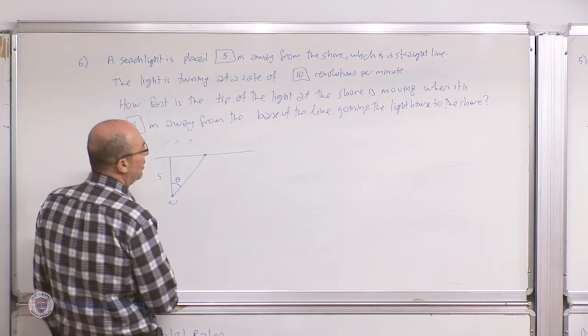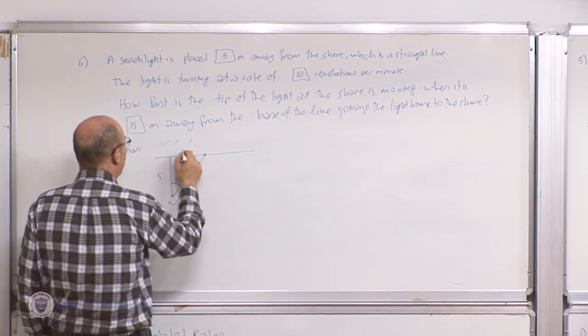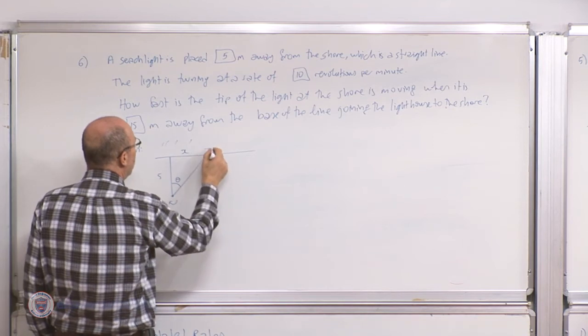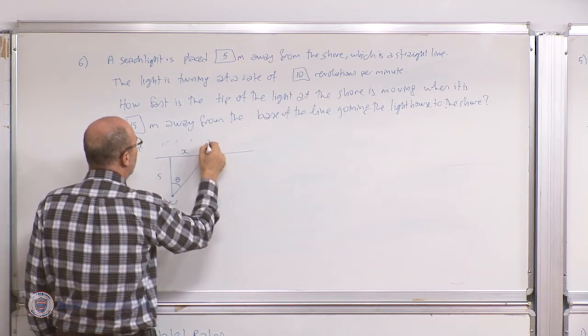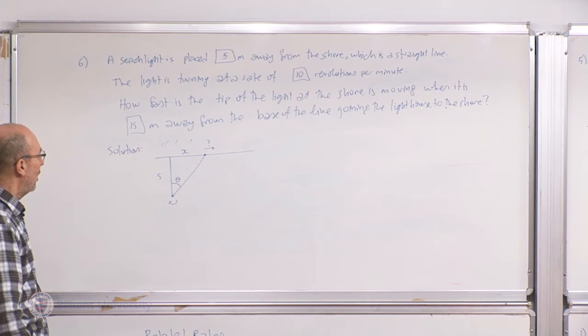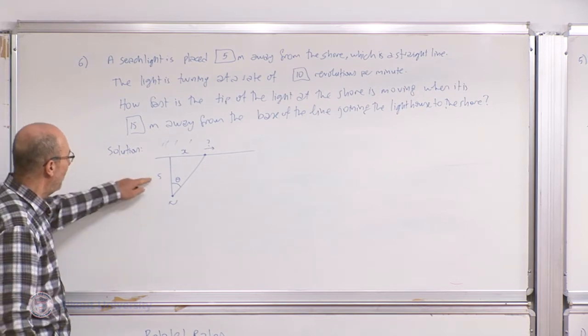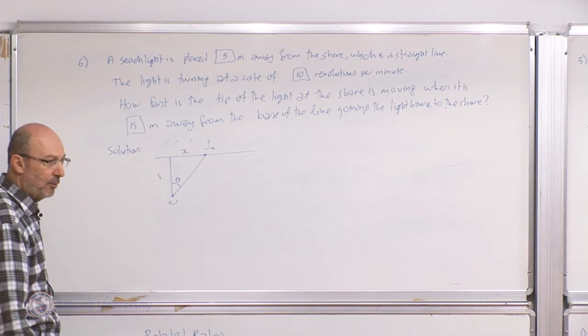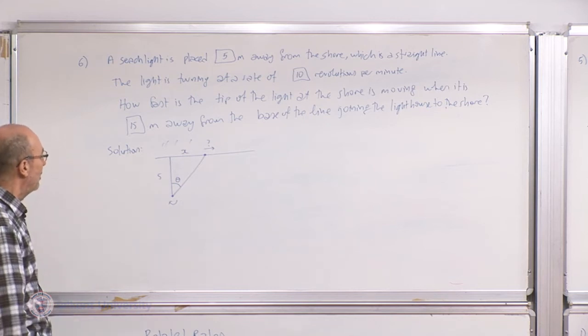And this side is, let's say, x. Okay? And x is moving in this direction. Okay? So x prime. So I think this turned out to be just a derivative problem. I should have made this change also, but okay. So this is what we have.